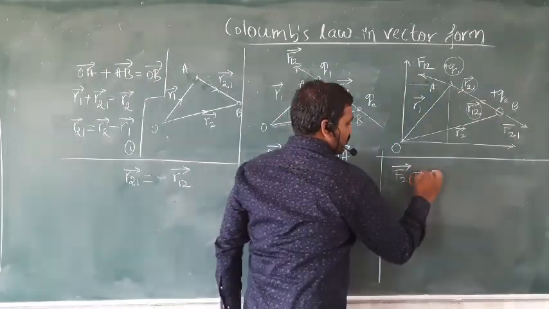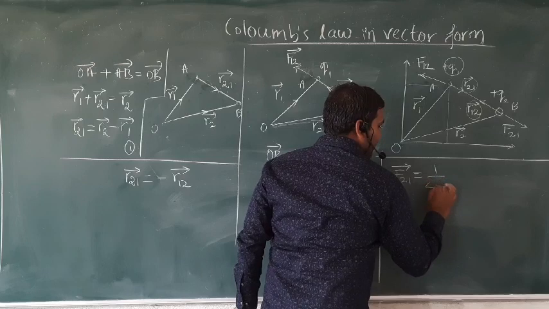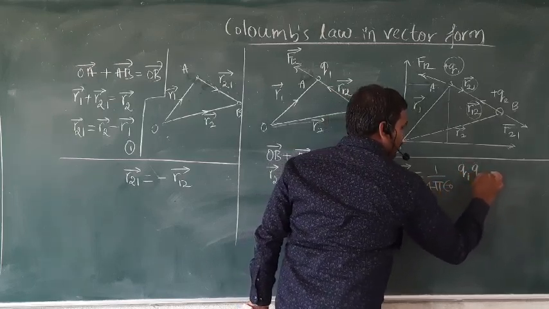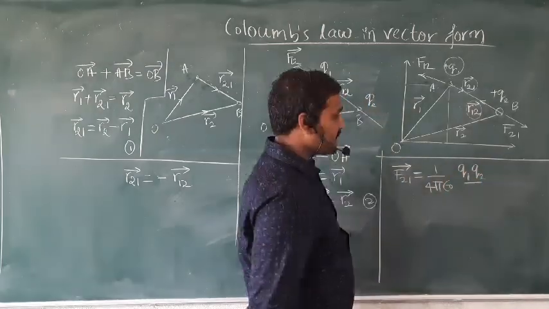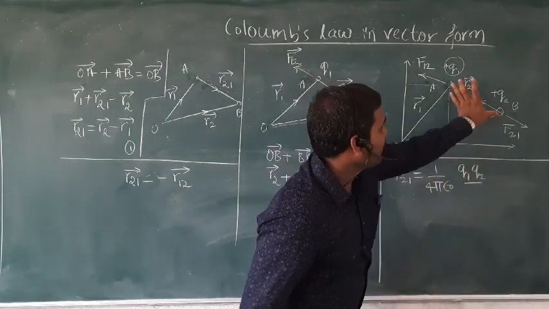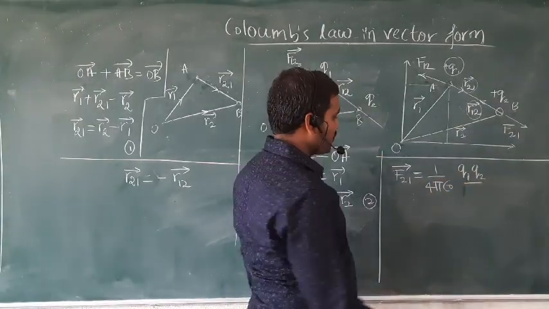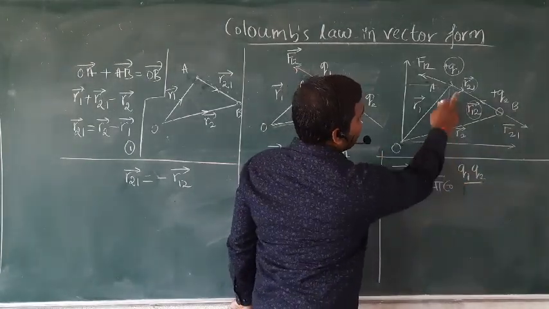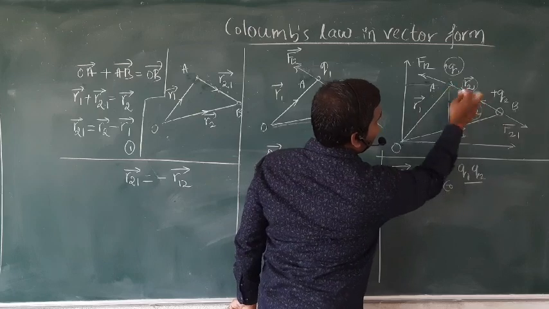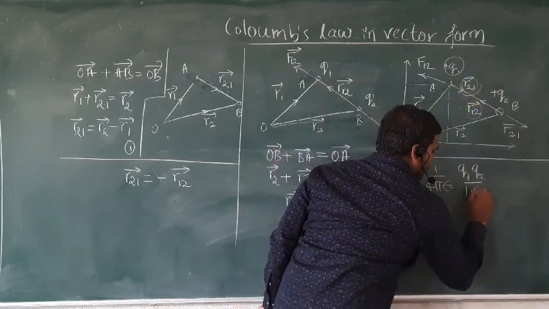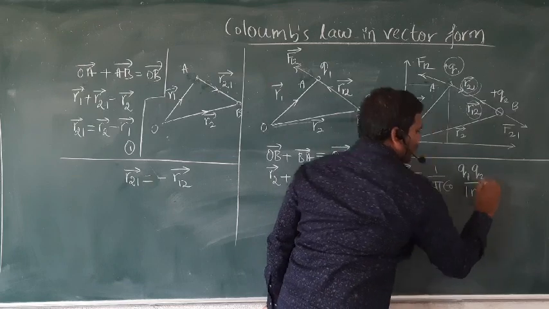That is equal to 1 divided by 4 pi epsilon naught, Q1 into Q2, the magnitudes of the charges, divided by the square of the distance. Here I consider its magnitude, that is sufficient. When I am considering F21, I should consider the vector AB, which is nothing but R21, so it is magnitude of R21 squared.